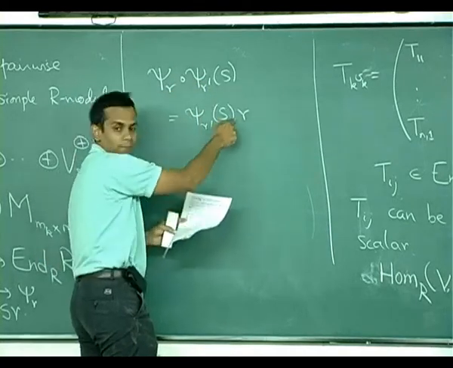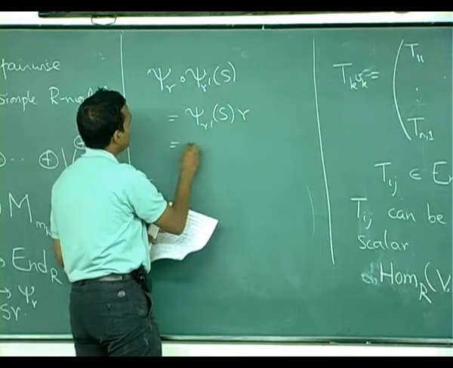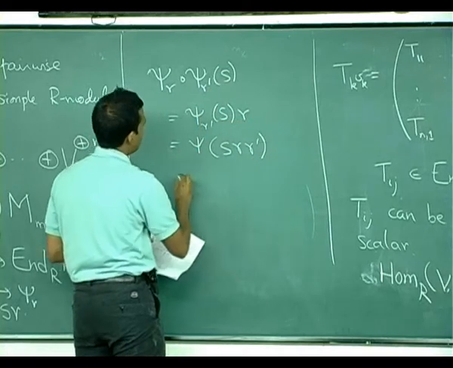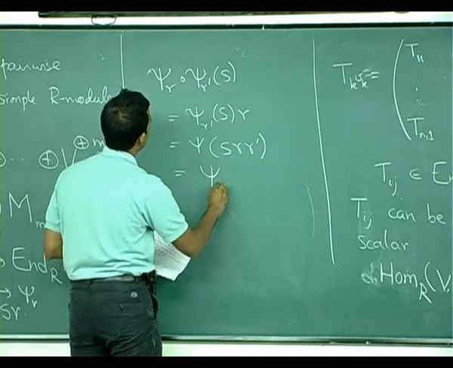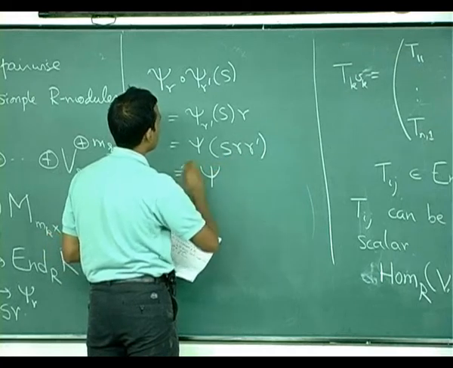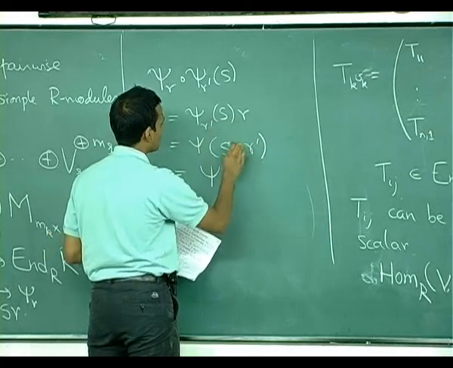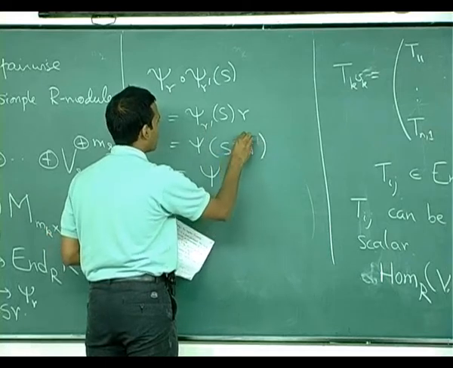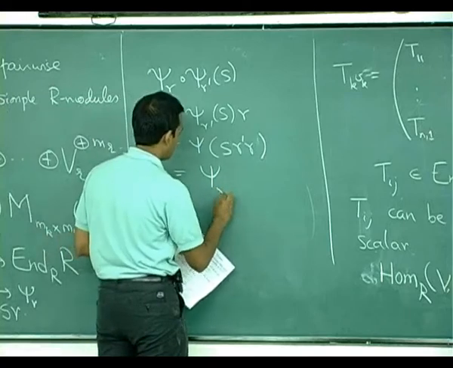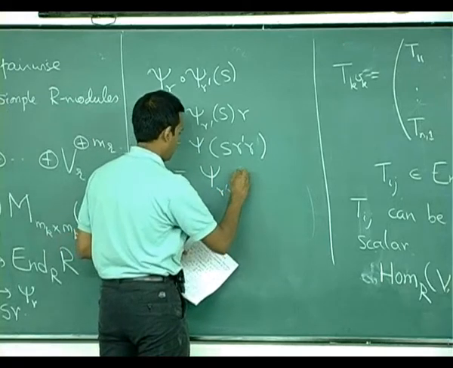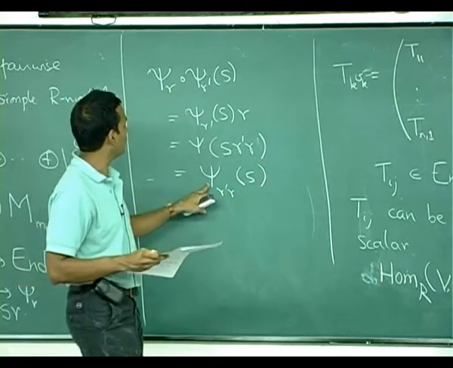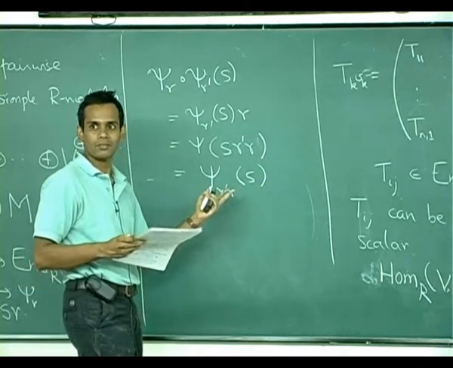That is psi_r'(s) times r, and that is s r' r. So that is psi of, psi_r' of s is s r'. So that's psi_{r'r} of s. So psi_r circle psi_r' is psi_{r'r}. The order has got reversed.